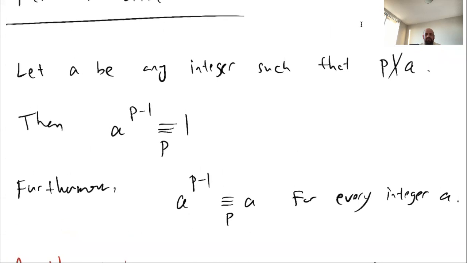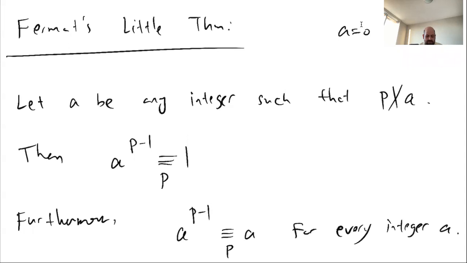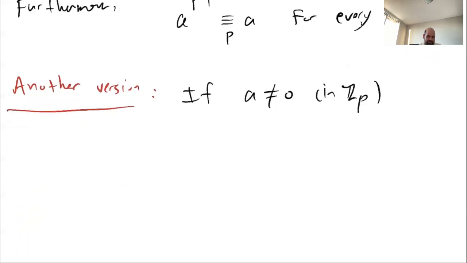So when you say P does not divide A, that means in ZP, A is not equal to 0. Because remember, A equals 0 in ZP means what? Means P divides the difference between A and 0, which means P divides A. So if P does not divide A, means A is not equal to 0. So if A is not equal to 0, then A to power P minus 1 equals 1, again in ZP.